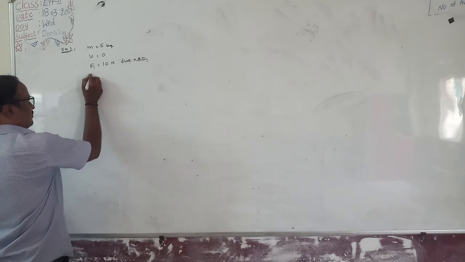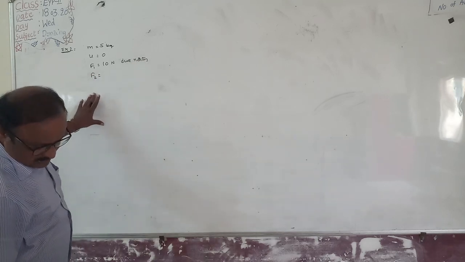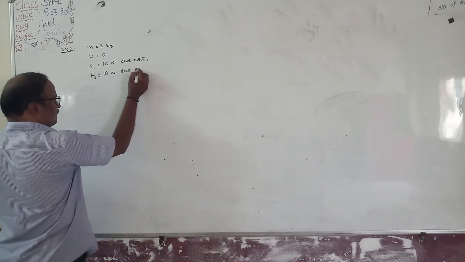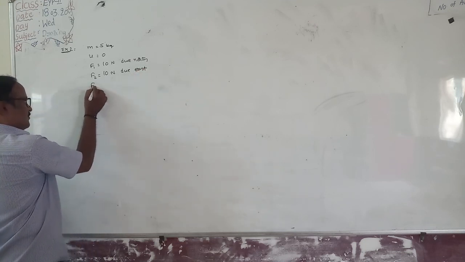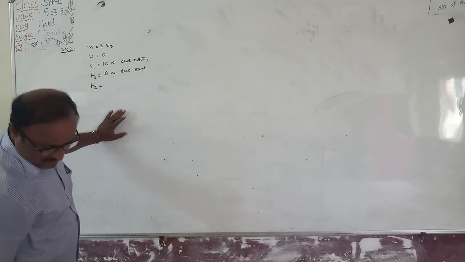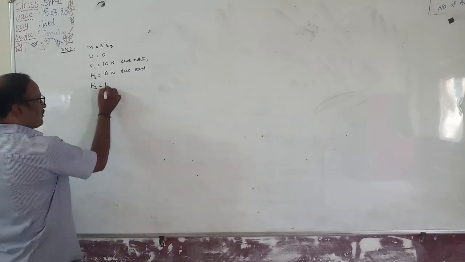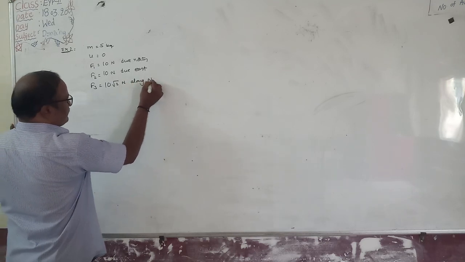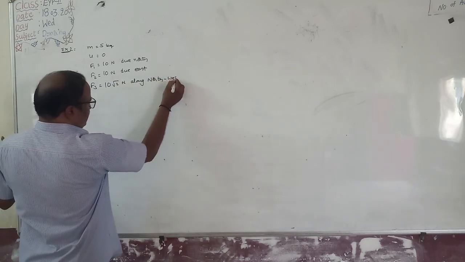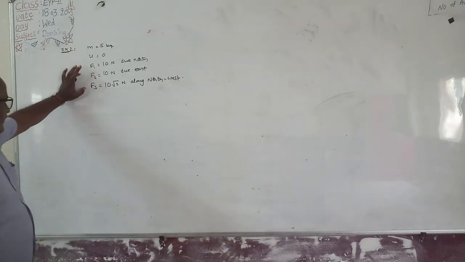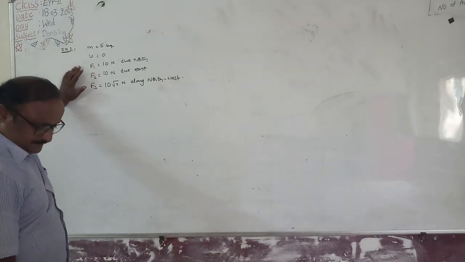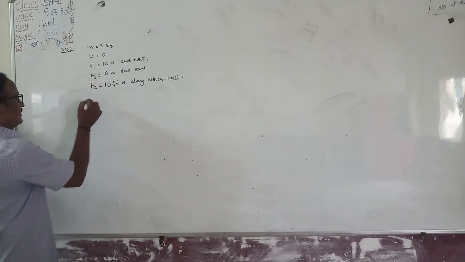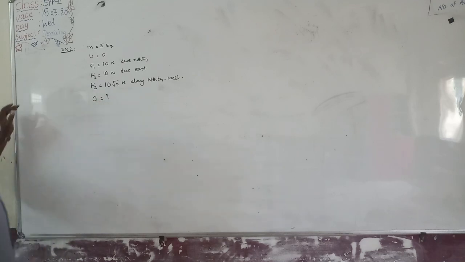The second force F2 is 10 Newtons due east. And F3 is 10 root 2 Newtons along northwest. These are the 3 forces acting on the body simultaneously. Then find the acceleration of the body.